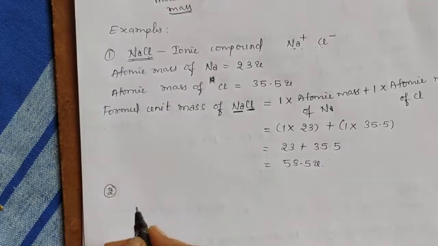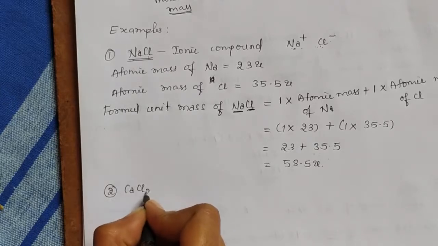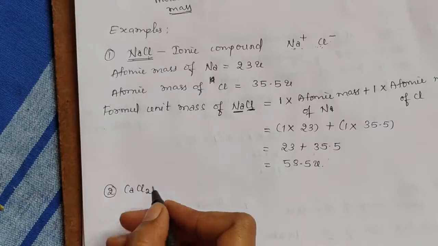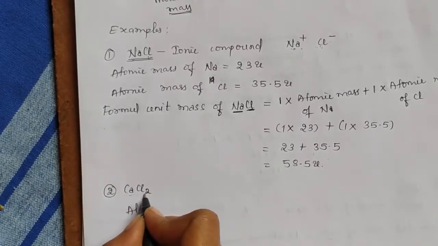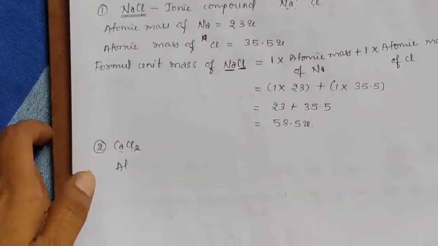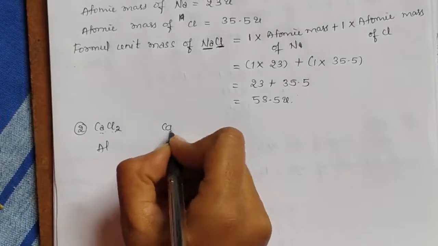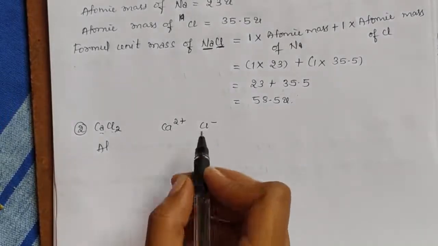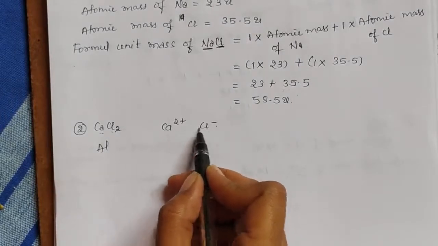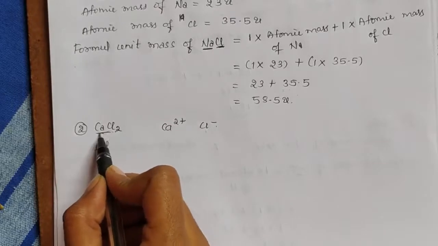How to calculate the formula unit mass of calcium chloride. Calcium chloride is an ionic compound and it is made up of two ions, calcium cation and chloride ion, that is chlorine anion. They are the ions and they are the constituent particles of calcium chloride.